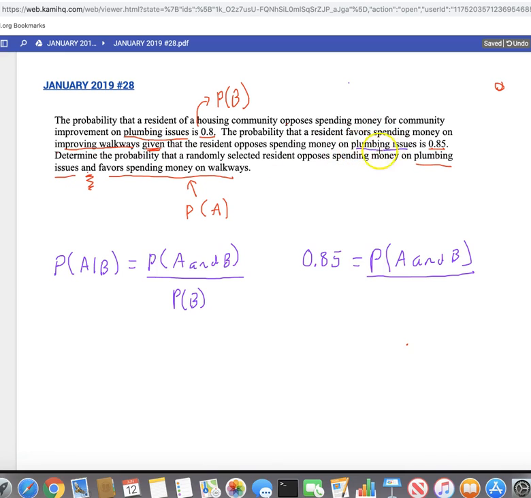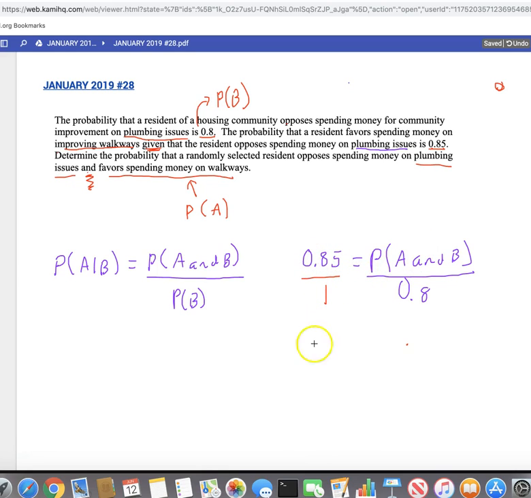That individual probability is 0.8. You can plug that in here, and now we have our equation set up to solve for the probability of A and B.